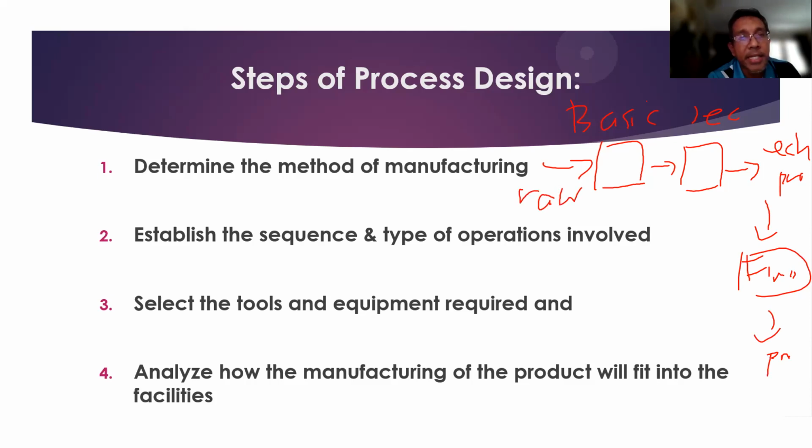We need to determine the method used for each process in the manufacturing line. For example, in the basic process, for example, we use sand casting to produce a casting part.